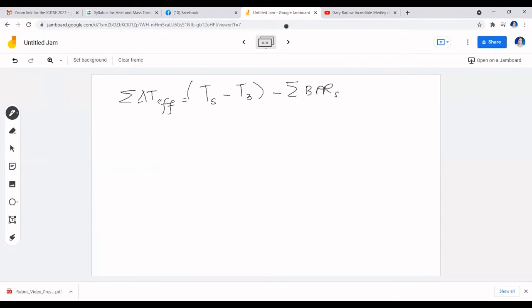In our case, we only had 3. Our steam is 178.1, this is 46.36, and we have here 19.67.